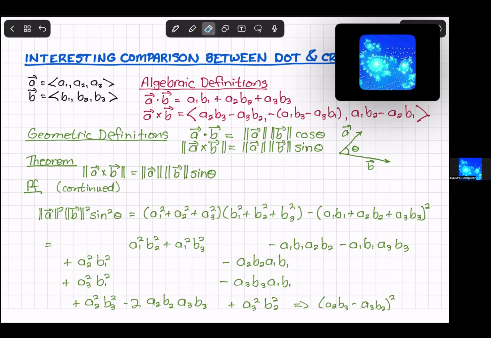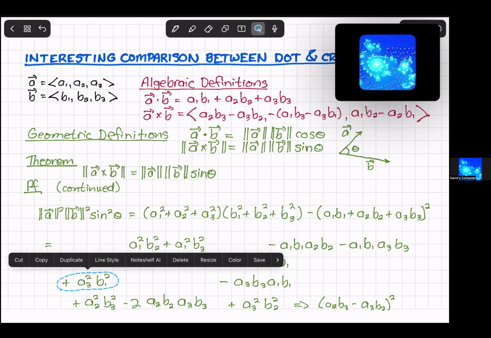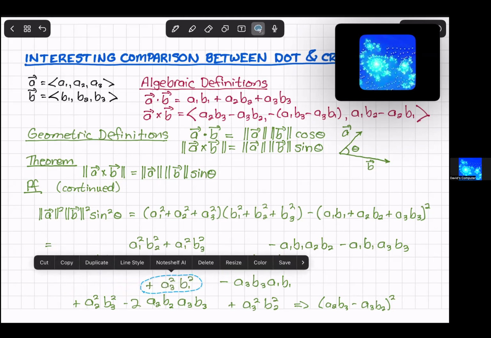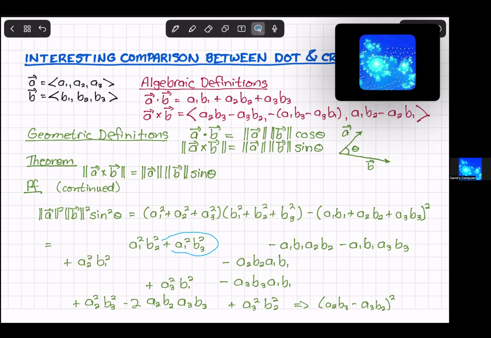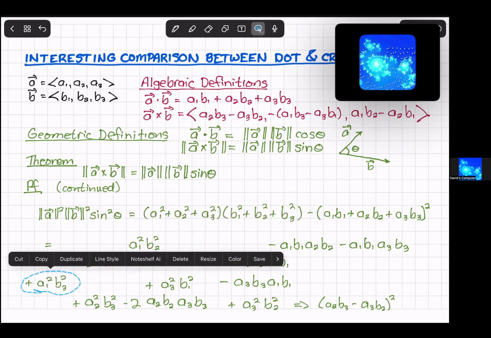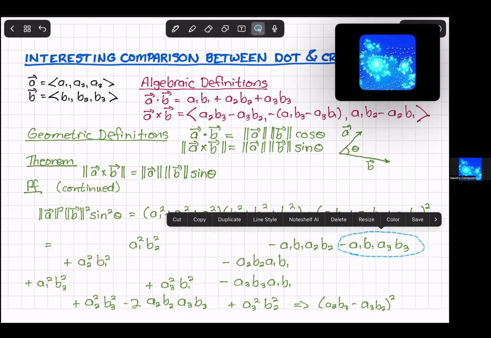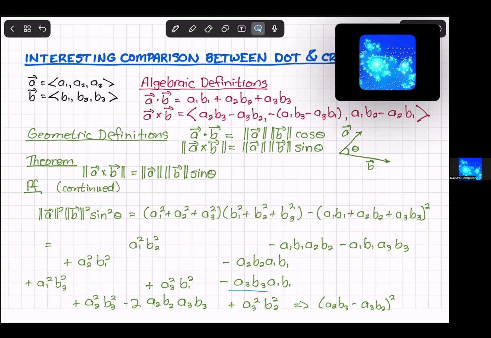Now let's work on the next pairs. I'm going to take A3 B1 squared and A1 B3 squared and combine the A1 B1 A3 B3 term that appears twice.